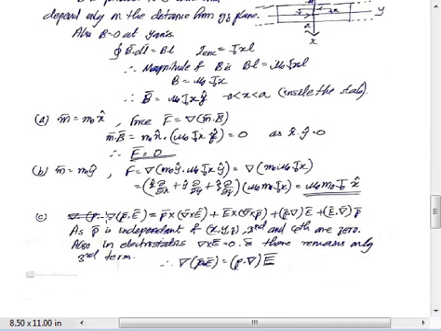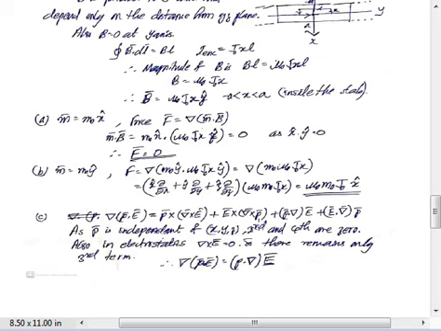Now the third case. We have to prove del of P dot E will be equal to P dot del E. So del of P dot E is equal to, by using the product rule, P cross del cross E plus E cross del cross P plus P dot del E plus E dot del P. Now as P is the dipole moment, which is a source coordinate, it is independent of the field coordinates x, y, z.